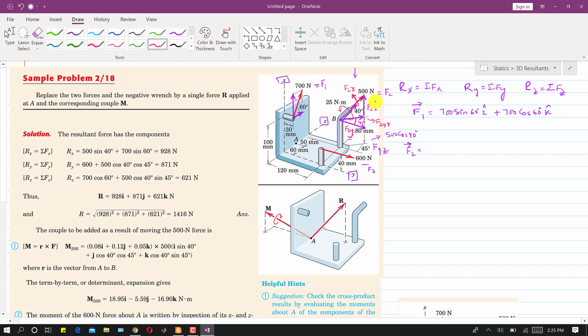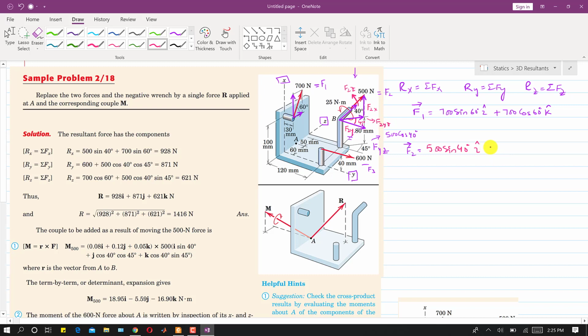So F2x is 500 sine of 40 degrees, and this is along the positive i, right?